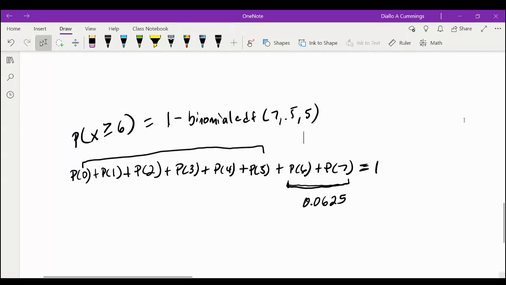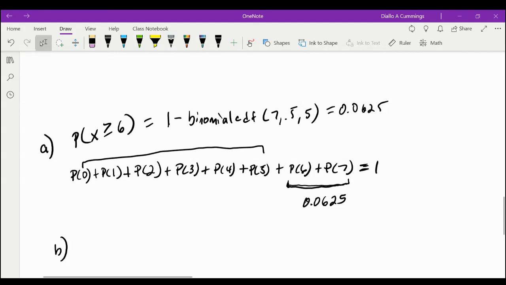So notice in the binomial CDF function, I didn't actually put in 6 because I want 5 or lower. And when I subtract from 1, that gives me the probability of 6 or 7. Okay. And that was for A. So just keep in mind that the binomial CDF gives you the probability at that number or less.